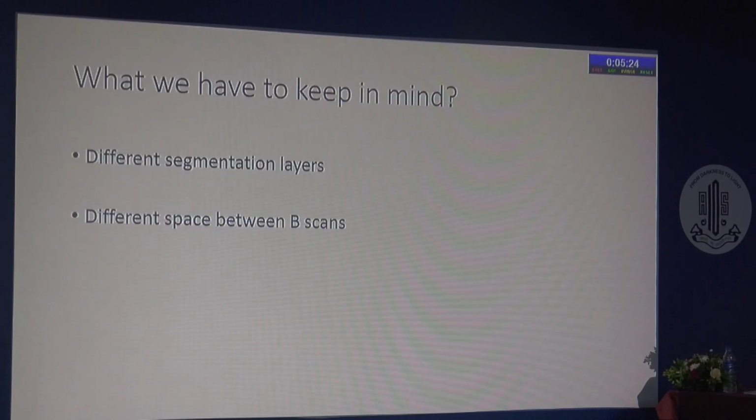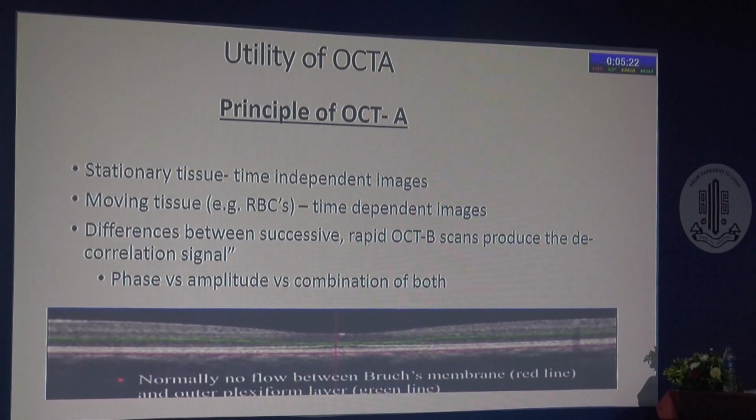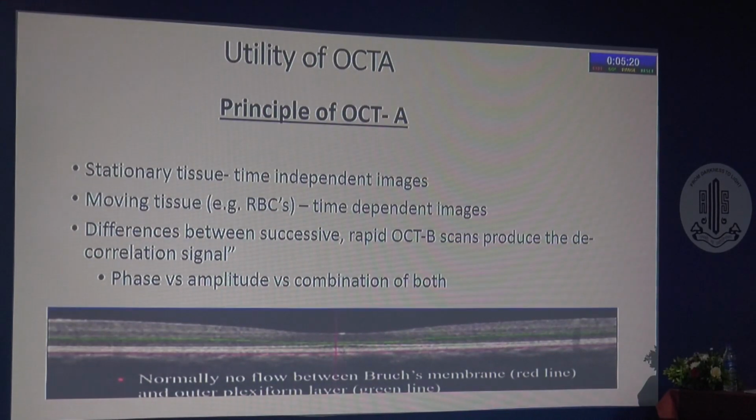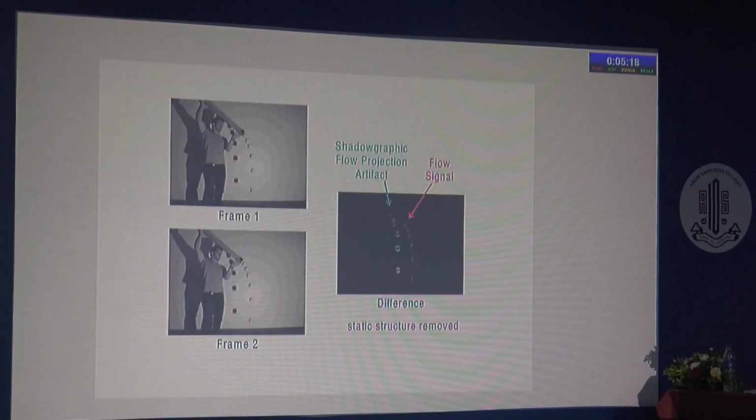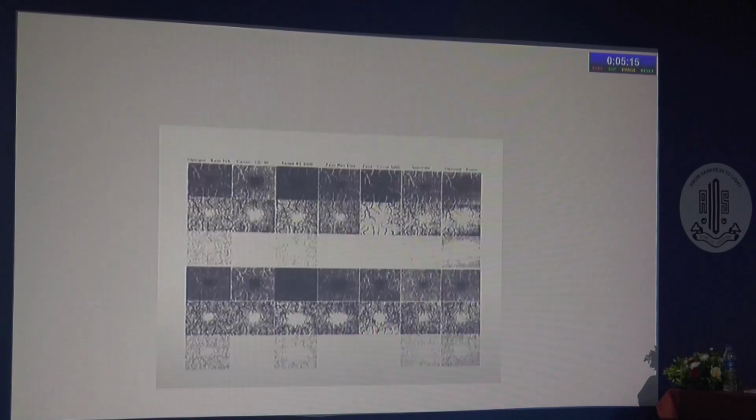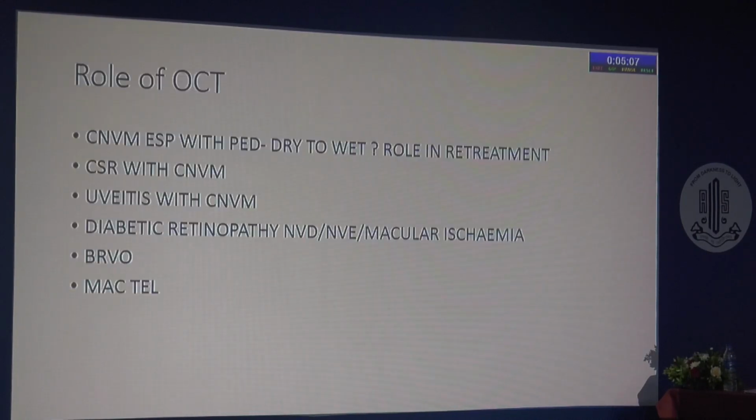As I mentioned, there are different segmentation layers and different scans. Any stationary object will not be seen; it is just the motion artifact, the movement, that you see. So these are the various machines and how you can see the various layers: the superficial, deep and the choriocapillaris.